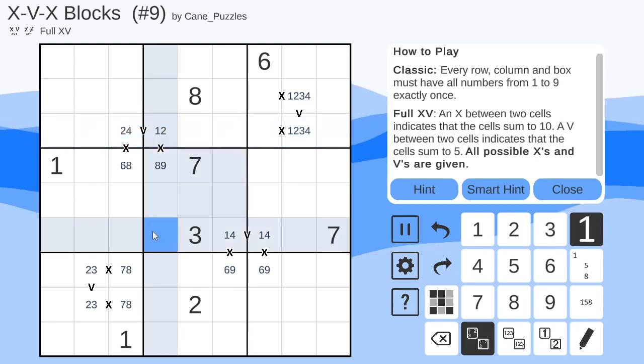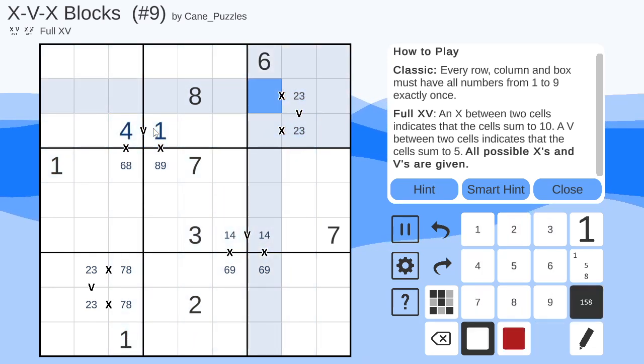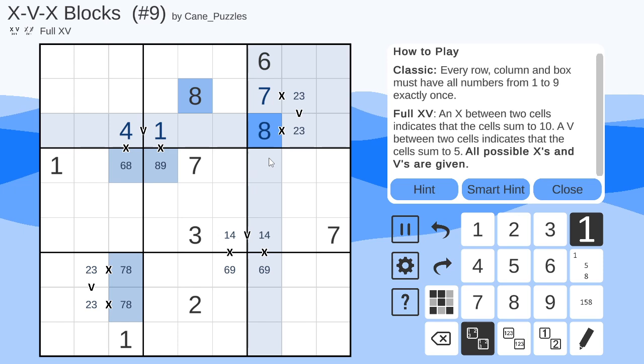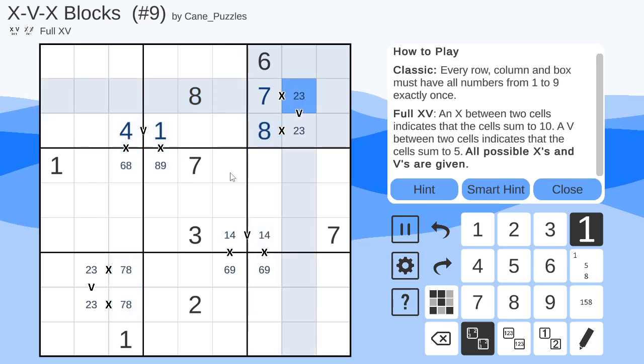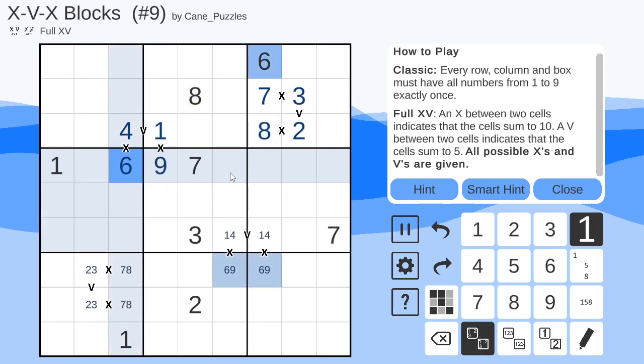Well, 3's gone on both sides. So this is a 1, this is a 4. This is now a 2-3 pair. This is no longer like that. And that means we have 7, 8. 8 sees this. That's 7, that's 8. This is 3 and 2. 9 and... what the heck am I doing? 6.